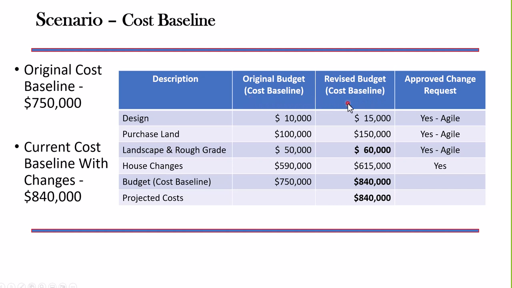Okay, our revised cost baseline is modified then to reflect those changes. So now we started off with a $750,000 budget or cost baseline. Now, due to the changes that have been incorporated, our new baseline is now $840,000. This is what we will now measure our cost to with regards to this project.